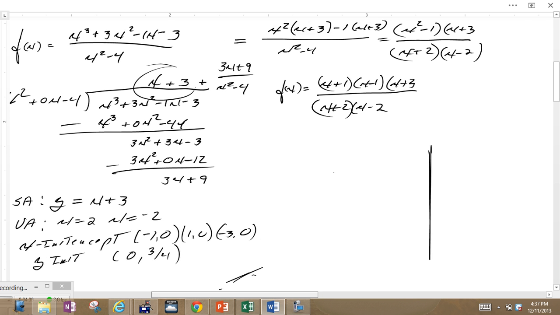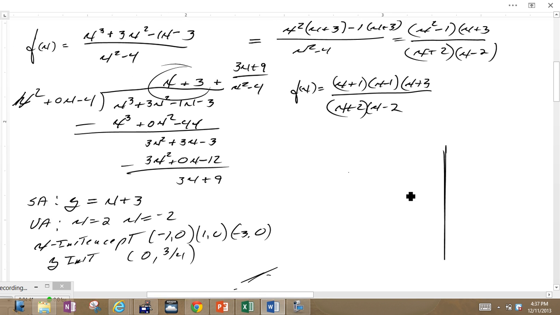All right, so we have our vertical asymptotes at negative 2 and positive 2. Put our vertical lines in there. Okay, check. There go our vertical asymptotes.